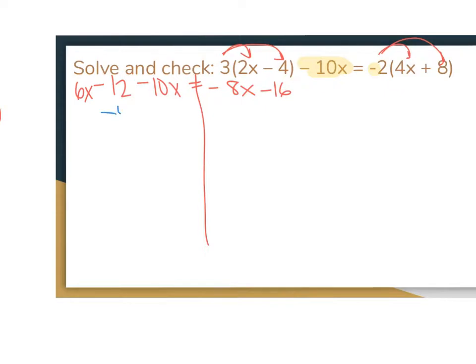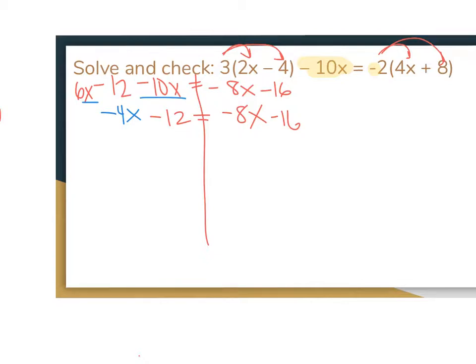So I have a negative 4x. And then everything else I'm going to rewrite exactly as is. Because I only use these two terms, everything else is written exactly the same. So negative 4x minus 12 equals negative 8x minus 16.